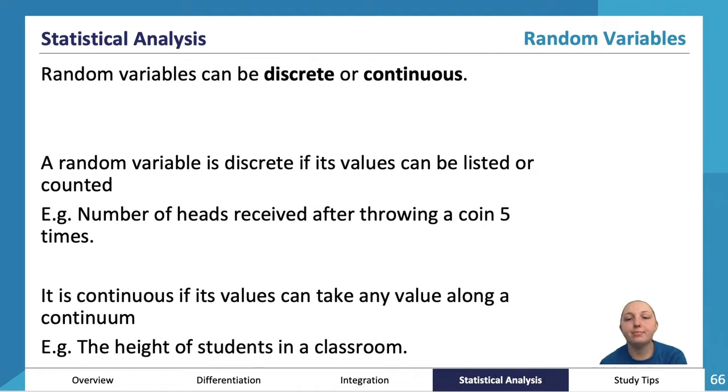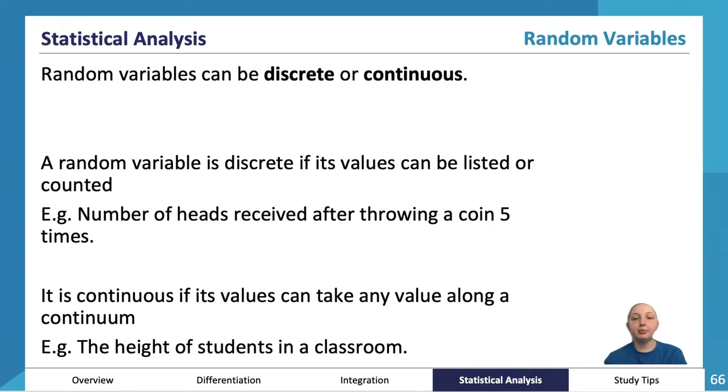This is a fairly simple part, but a random variable is discrete if its values can be listed or counted, so if you can exactly count every single possible outcome. For example, the number of heads received after throwing a coin 5 times. You probably wouldn't, but you could actually count the values.